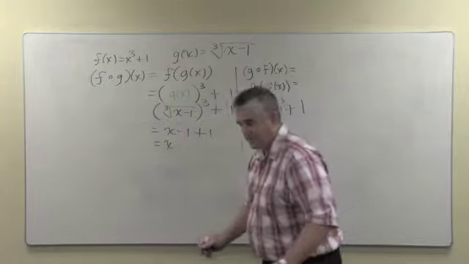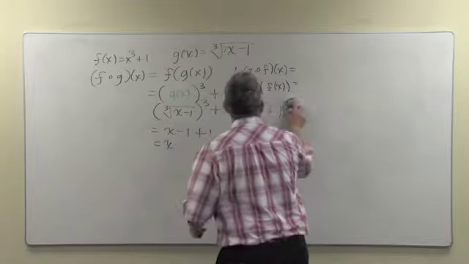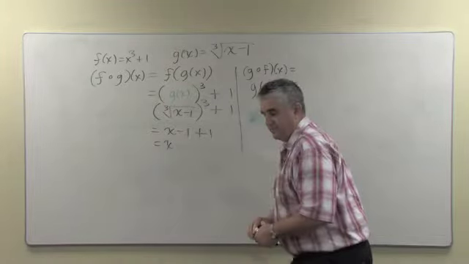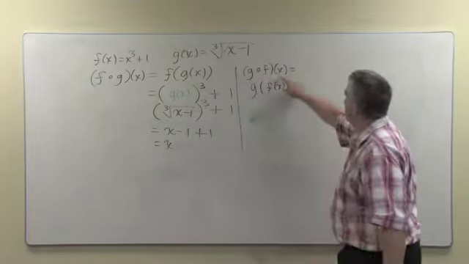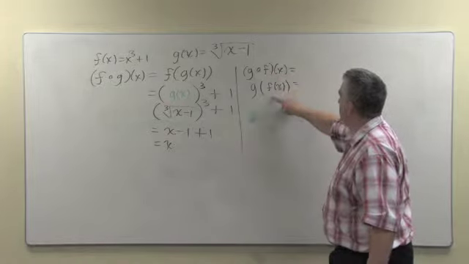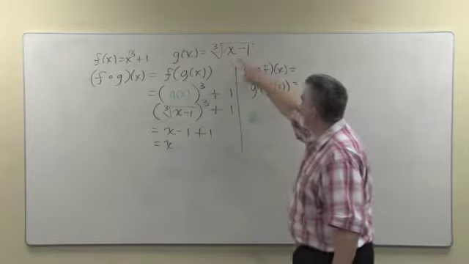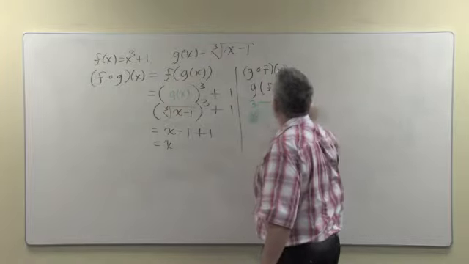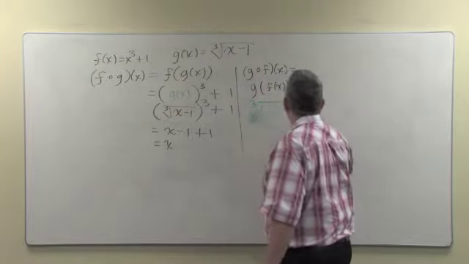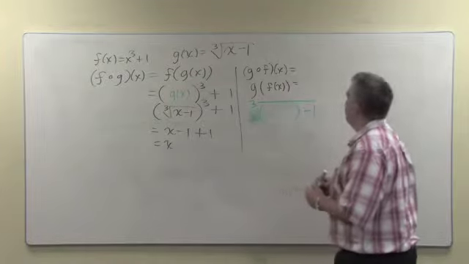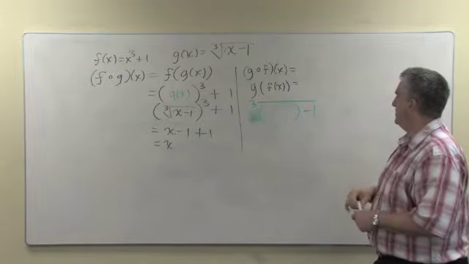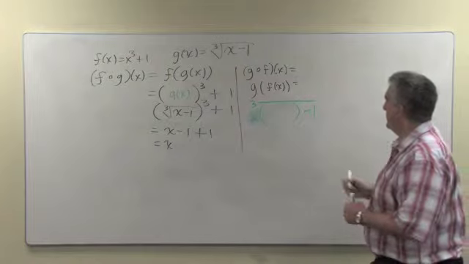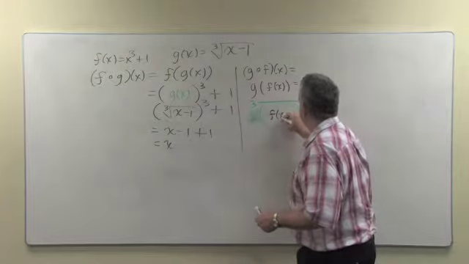Excuse me, I made a mistake. Let's look at this again. G of f of x means g evaluated at f of x. Now the g function is the cube root of input minus 1. The cube root of input minus 1. Now the input is f of x.